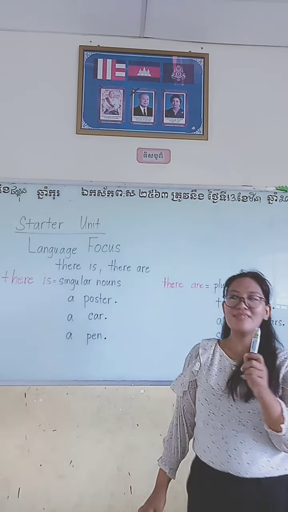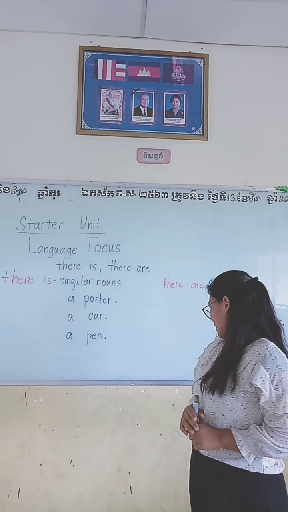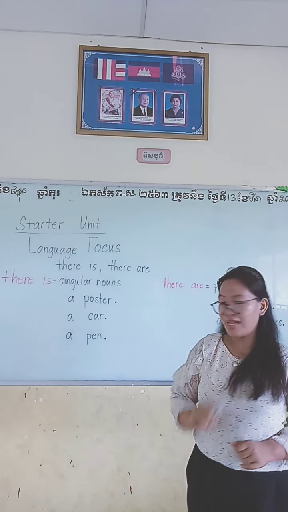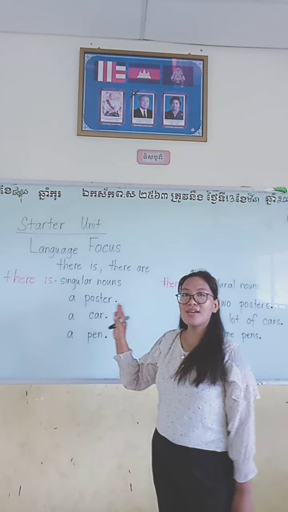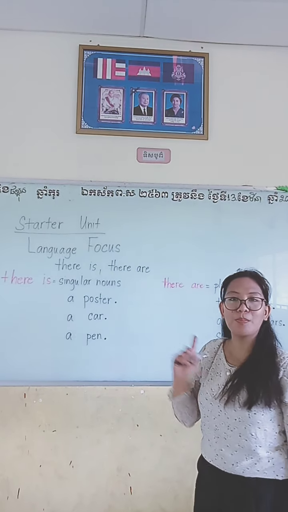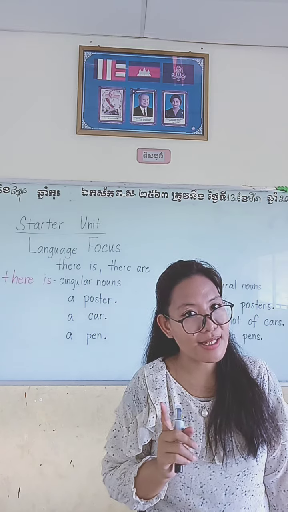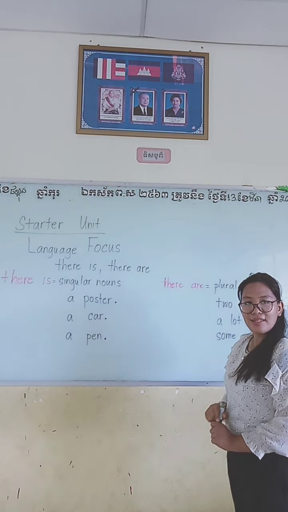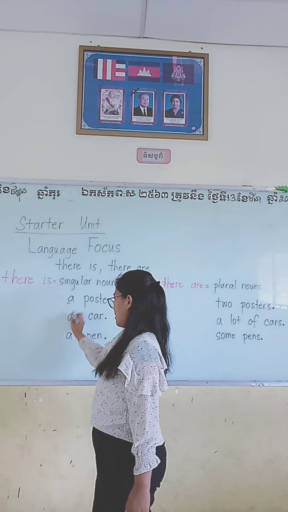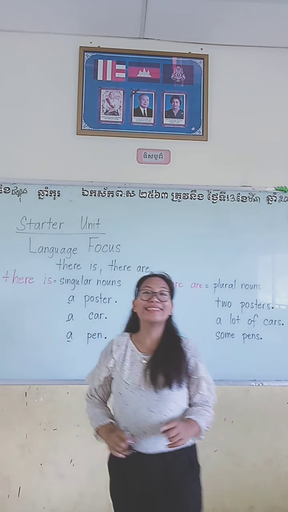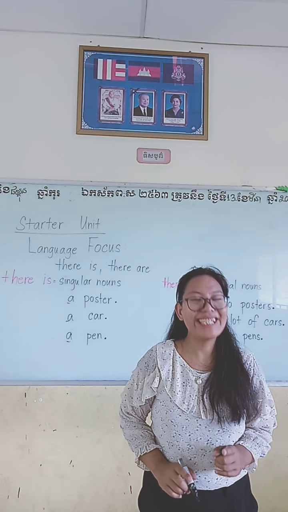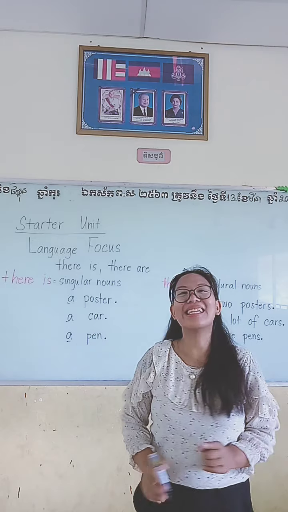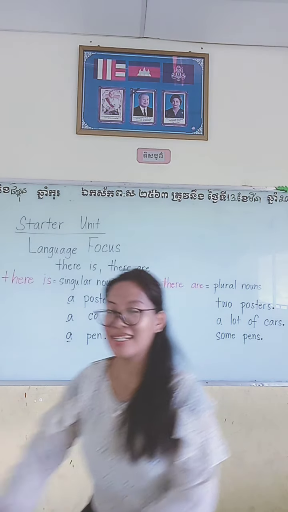When you're going to answer your homework, the instruction is write there is and there are to complete the sentences. So when you see the letter A, instantly, the answer is right.